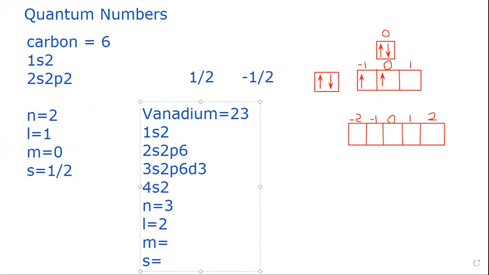m now refers to the orbital or the box where it's located. How many electrons are in d? 3. Okay, so I'm gonna draw now. I already drew the 5 orbitals for d, the 5 boxes for d. So now all I have to do is put the electrons. Remember, you will not do 1, 2, 3, 4. It's always up, all of them going up.